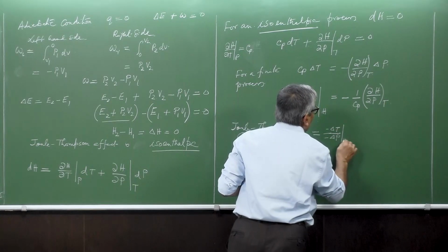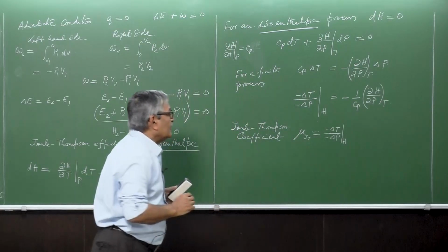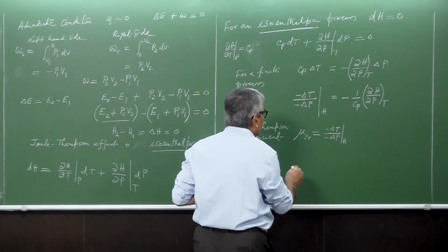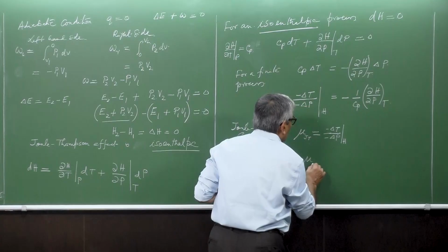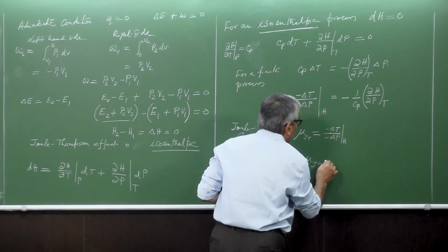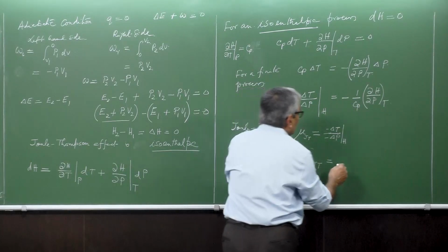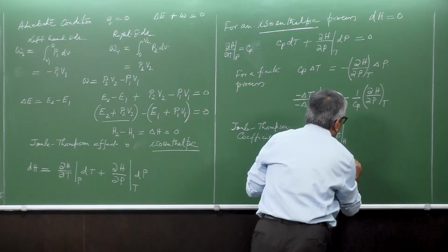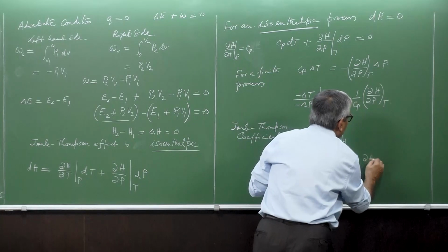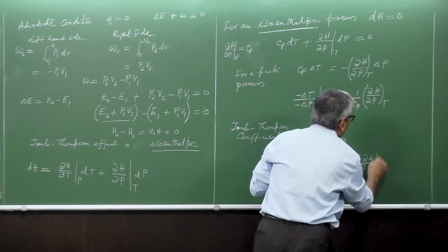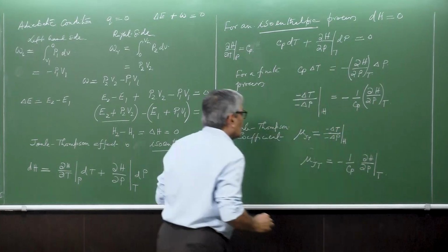at constant H. If I write it, then I can see that mu J_T is an interesting coefficient that can be related to minus 1 by Cp times del H del P at constant temperature.